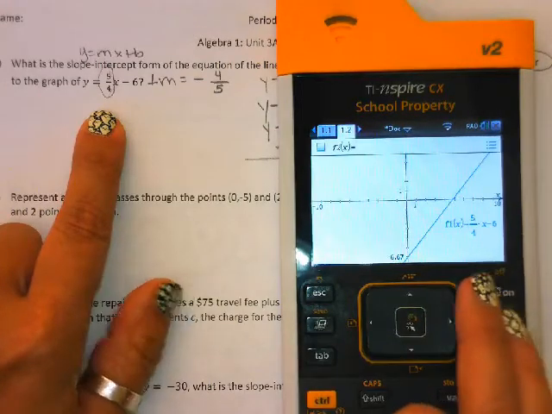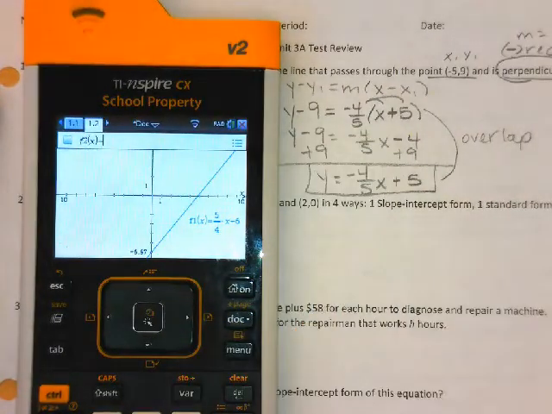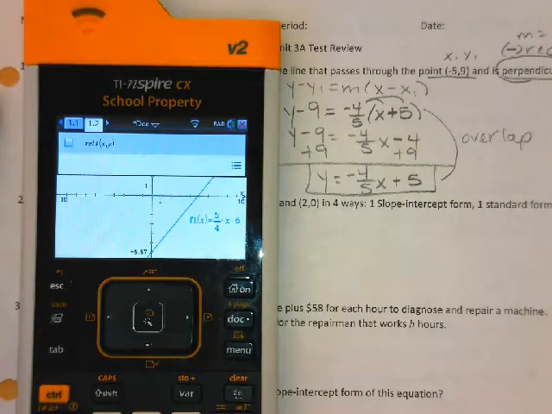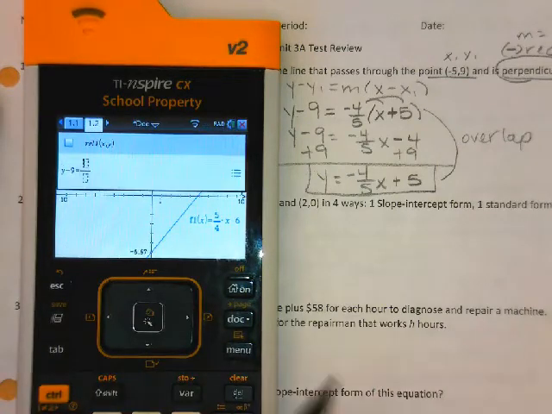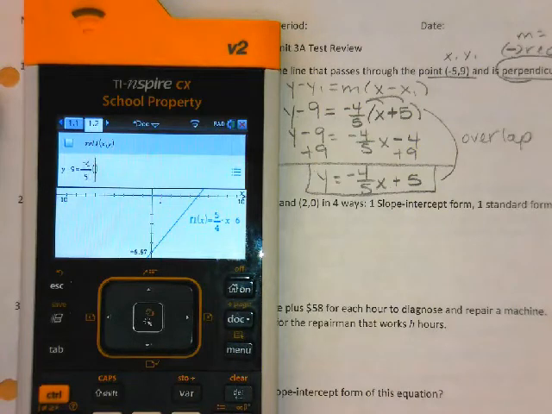I'm going to tab. Now, this one is not in y equals. I'll change that to a relation. So I'm going to delete number 6. And then I can just type y minus 9 is equal to -4/5, parentheses, x plus 5.